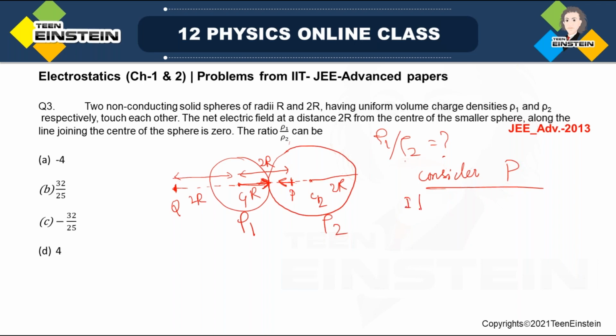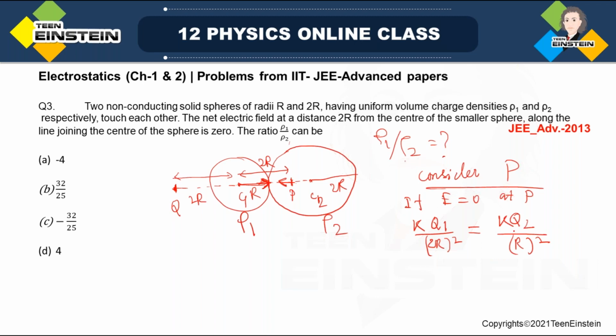So if the electric field is 0 at P, then we can write the electric field due to this particular charge as K Q1 by 2r whole square, and this will be equal to K Q2, the charge on this, by r square, since this point is at r distance. Okay, all right.